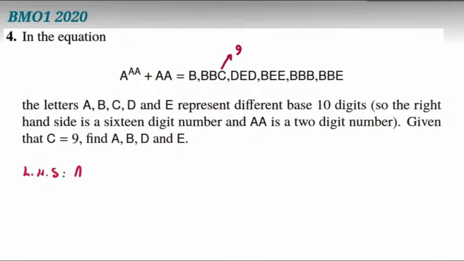So C is 9. Now, at first I tried to find AA. Let's focus on the left hand side. If A is 1, obviously it is not possible because 1 to the 11 plus 11 is 12, and it's so much smaller. We want a 16-digit number on the right hand side.